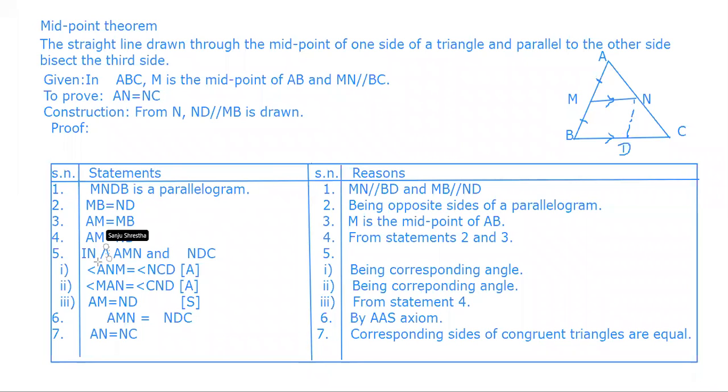And we take two triangles AMN and NDC. You can write your own names, like PQR or ABC, or you can use it from your book.